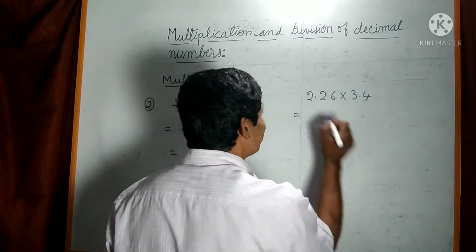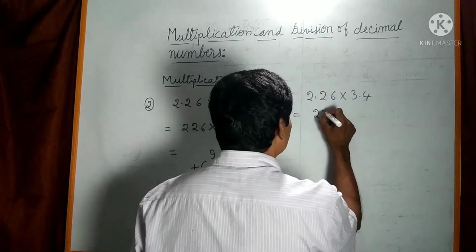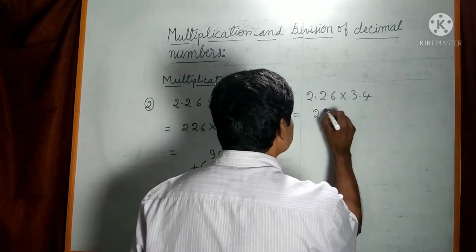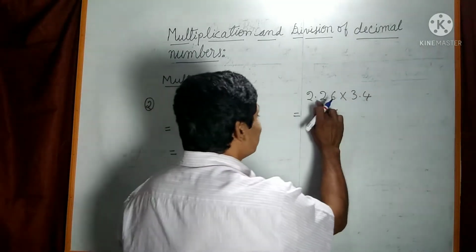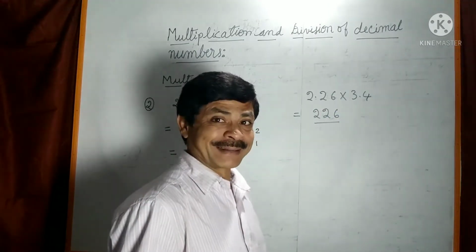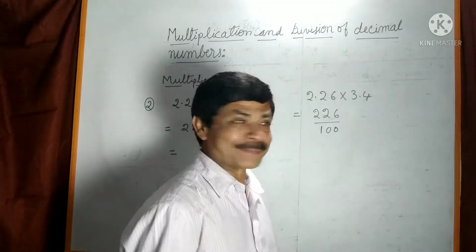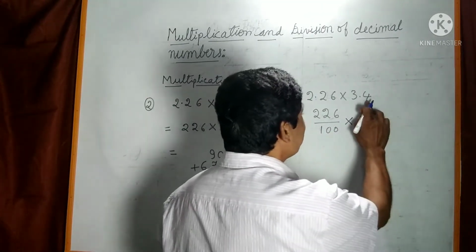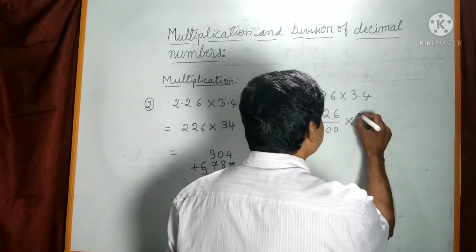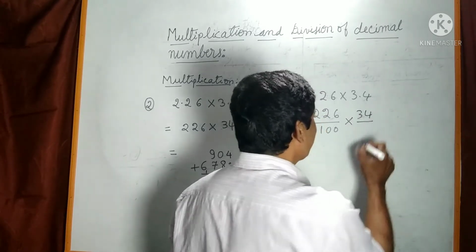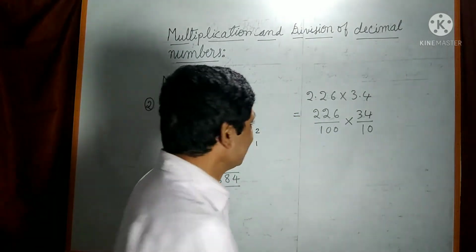In the second method, we will write as it is 2.26 into 3.4. We will write this in fraction after removing the decimal point. 226 by, here 2 digits in the decimal part, so we will write 2 zeros in the denominator, into, here 1 digit in the decimal part, so we will write 34 by 10, that is 1 zero in the denominator.